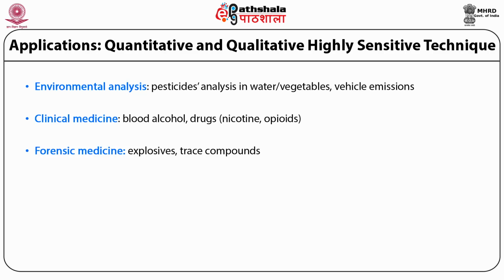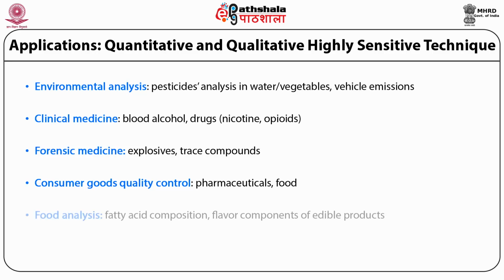Then it's an indispensable tool for consumer goods quality control, because a lot of pharmaceutical quality control and analysis of food is done through gas chromatography. As far as food analysis is concerned, the applications can range from flavor component analysis of edible products to the fatty acid composition of different kinds of, say, vegetable oils that are there in the market, to see what their respective saturated fatty acid content versus the unsaturated fatty acid content is.